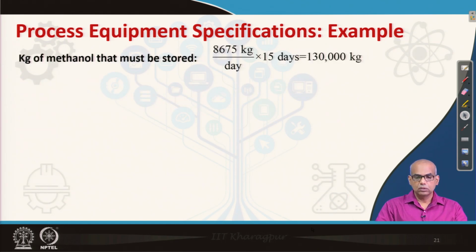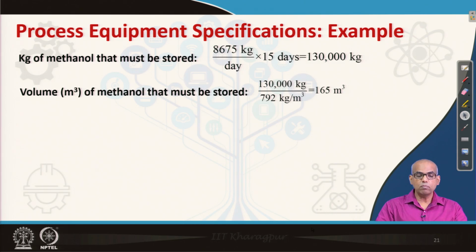The amount of methanol that must be stored over 15 days can be found simply by multiplying by 15. That gives me 130 × 10^3 kg of methanol. The volume of methanol that must be stored can be obtained by dividing this quantity by the density of methanol, which is 792 kg per meter cube. So, I get 165 meter cube volume of methanol that must be stored.